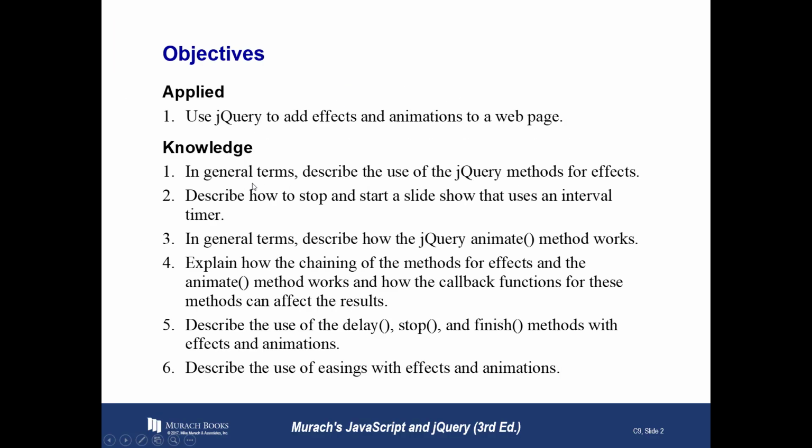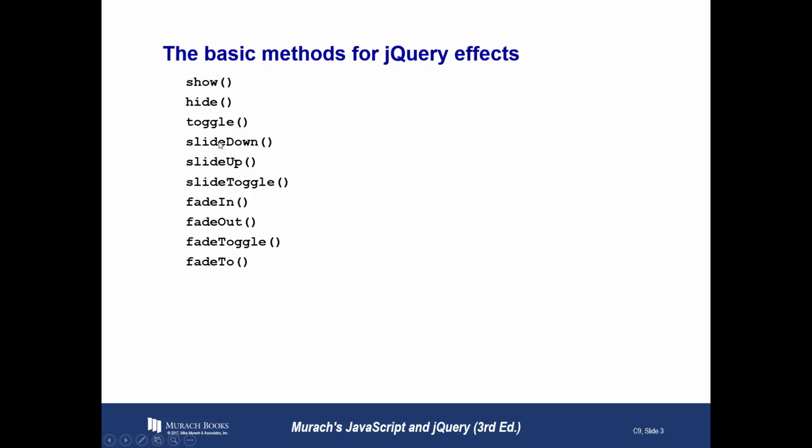How to use jQuery to add effects and animations to a web page. And more than anything else, that's what this chapter is about. One thing about animation that I will tell you, and there are several examples in here, is it's the kind of thing that's very easy to overuse on a website. Don't let cool tools override the message of the site.